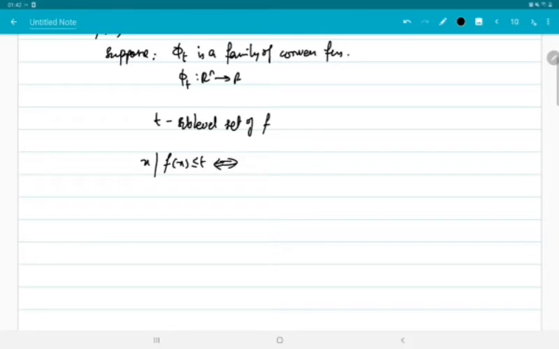Then we say that this set is equal to the zero sublevel set of phi t. So this is all x values such that this thing happens.